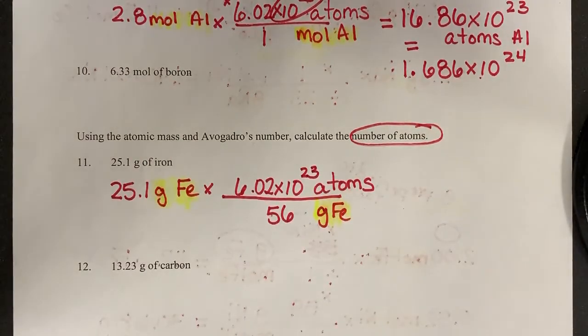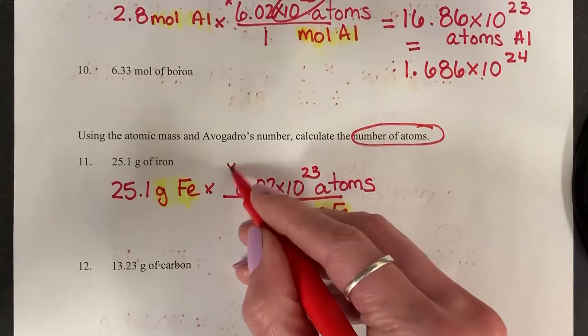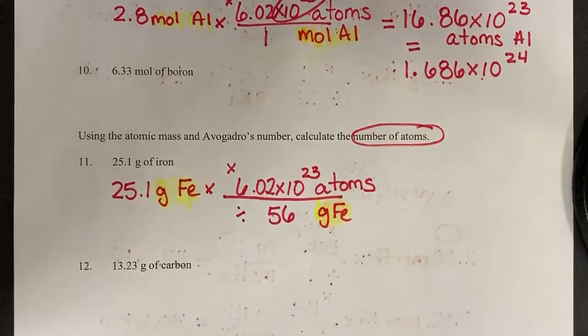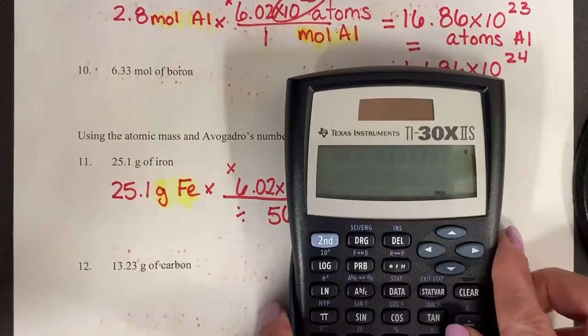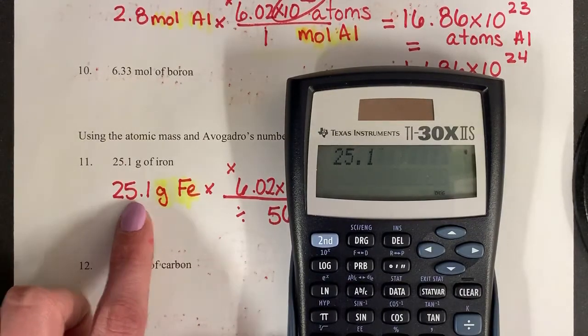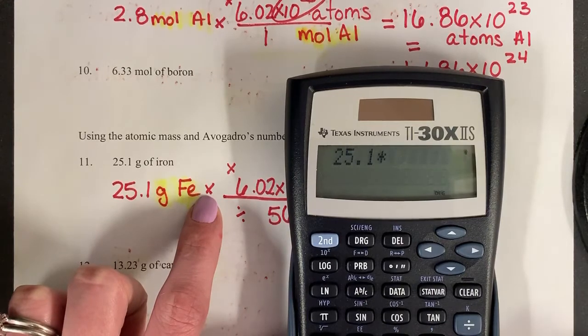Now, when I enter this into my calculator, it's exactly like I did before. Numbers on top, I multiply. Numbers on bottom, I divide. Again, if you've got a scientific calculator, great, but here's how I would enter this into my calculator. I'm taking 25.1 times 6.02.